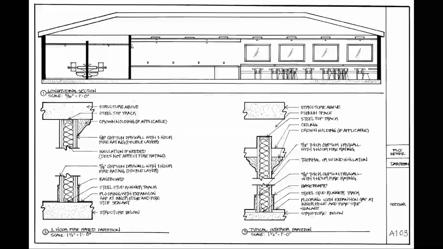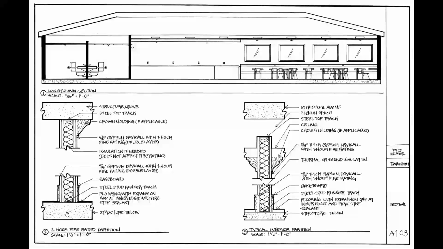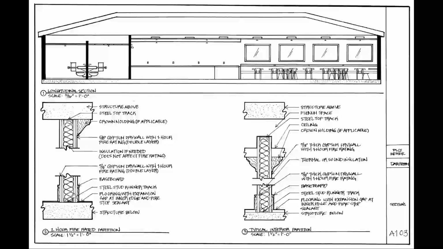So a typical fire rated partition, and that's what you're seeing on the left, is a 2-hour fire rated partition. And what makes it a 2-hour fire rating is how many layers of drywall are on top.